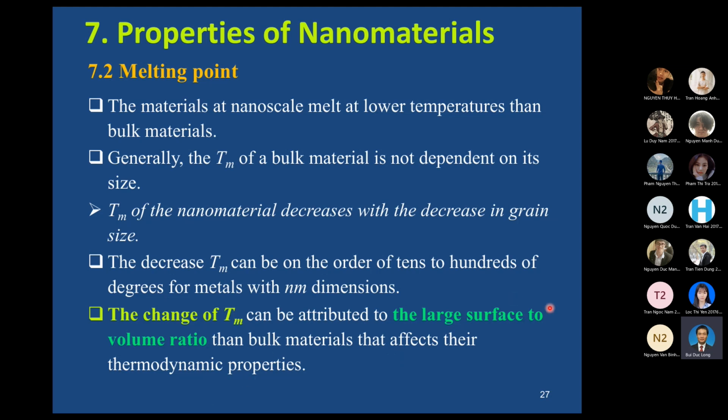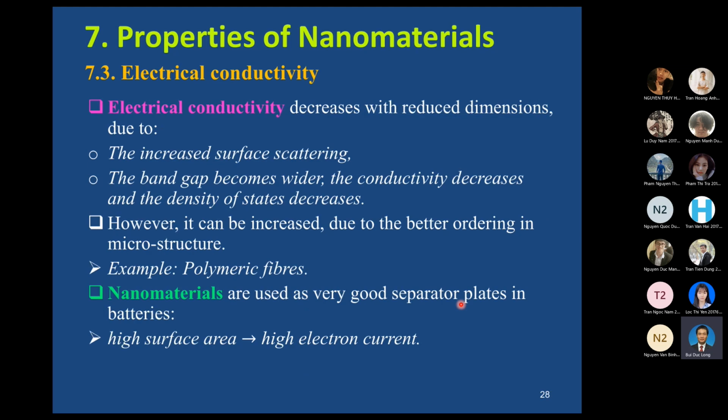So this is the reason why the melting temperature of nanoscale material is lower compared to the same material at the bulk or micro scale. So please take note of this, and we go to the next property of nanomaterial.